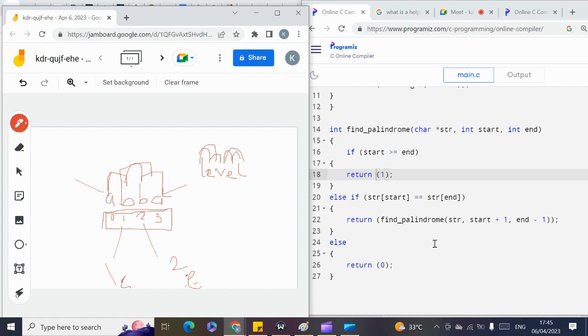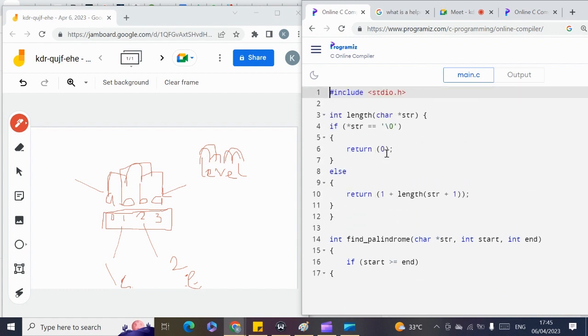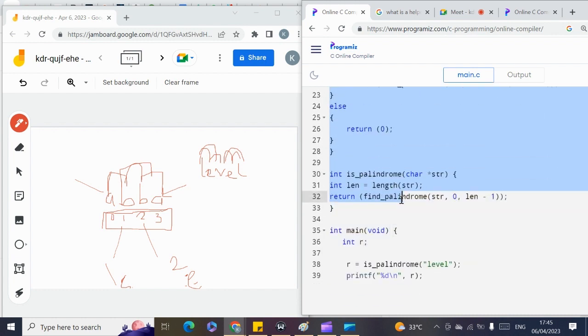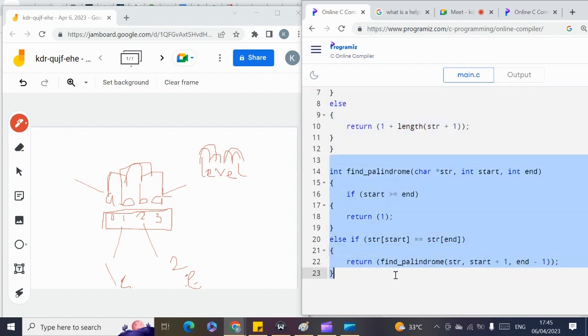But did you use a helper function for this one as well? Yes, in fact, we have two helper functions. One is the one that is counting the length, and then this one also determines whether the string is a palindrome.